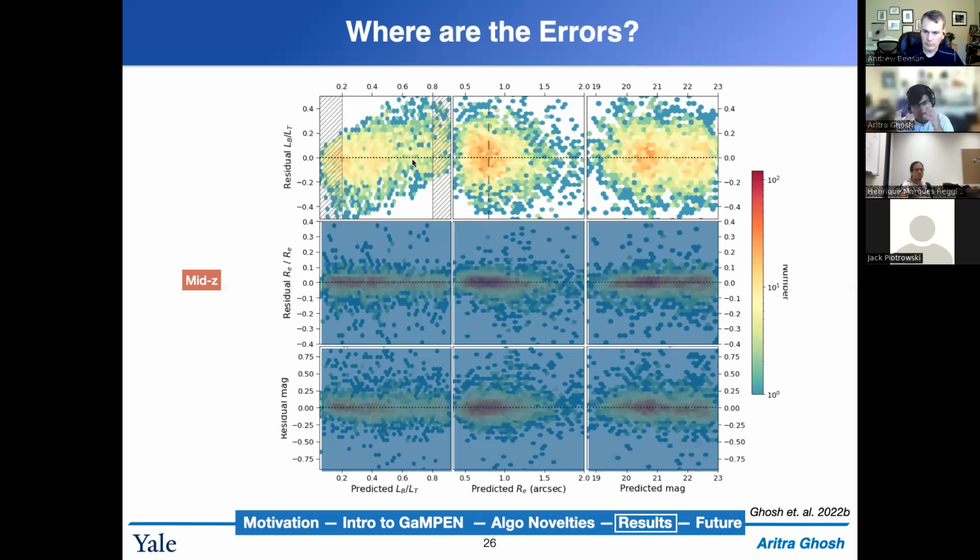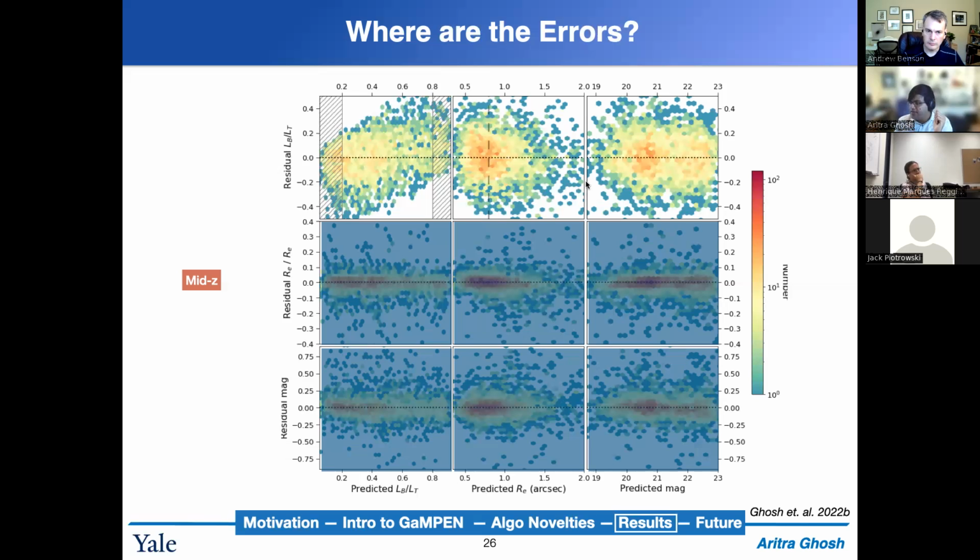When you go to very bulge-dominated galaxies, you can say, it's hard for me to say whether it's exactly 0.9 or 0.95, but I can say that the bulge fraction is greater than 80%. So within this range, you can make numerical predictions, and outside that range, you can just stick to predictions that are strongly disk-dominated or strongly bulge-dominated.